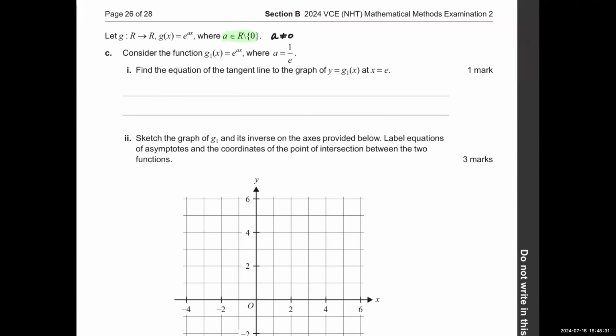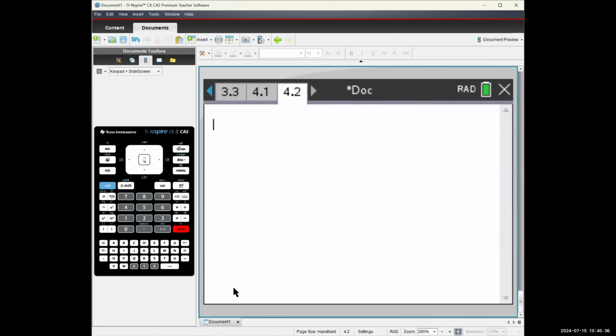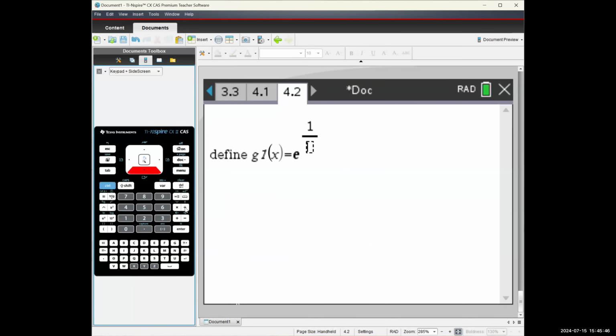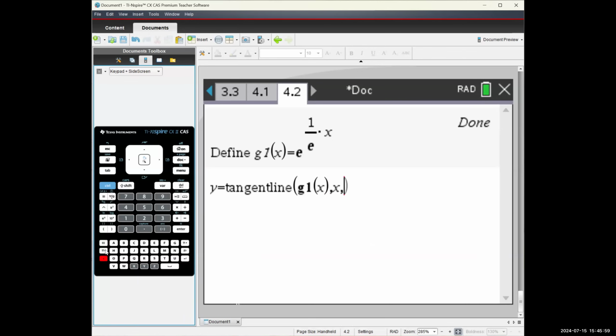So part C is another CAS calculator heavy question. Let's define g1 of x equals e to the power of 1 over e times x, then the tangent line of g1 of x at x equals e, and y equals x.